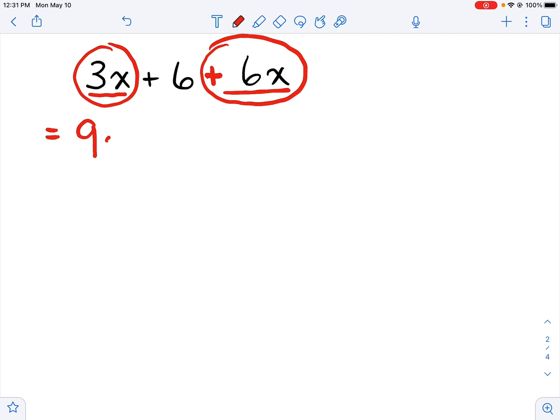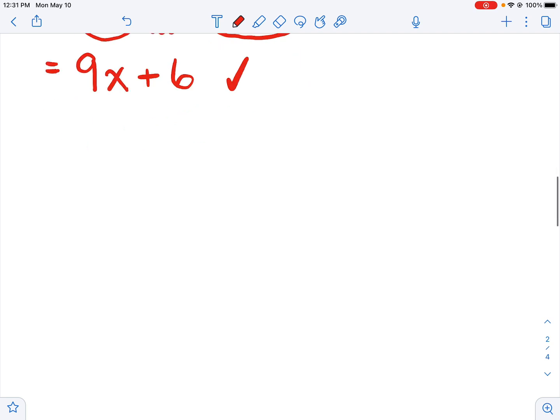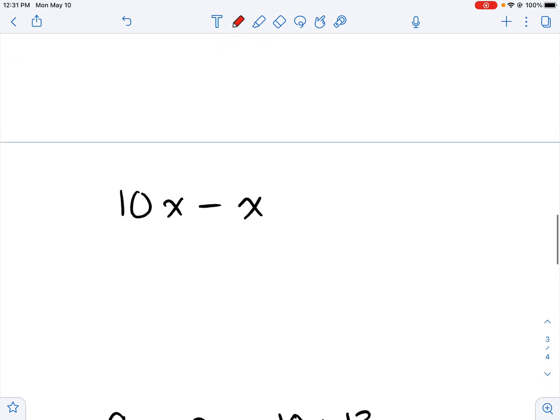That's 9x. What about this? Can't add it because it doesn't have an x. So we just write plus 6. And we're done. 9x plus 6.